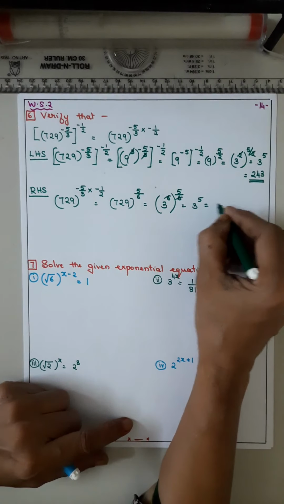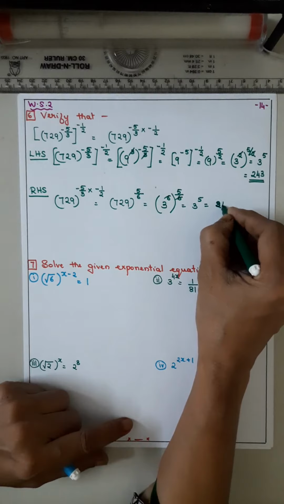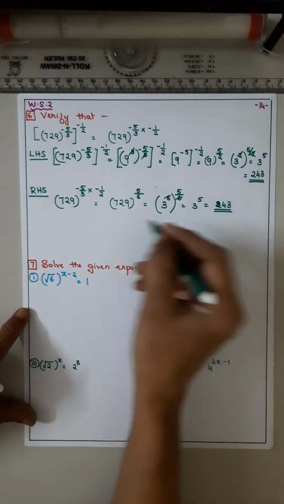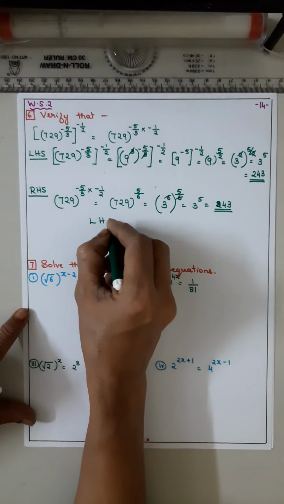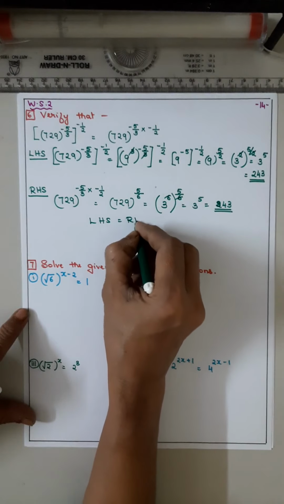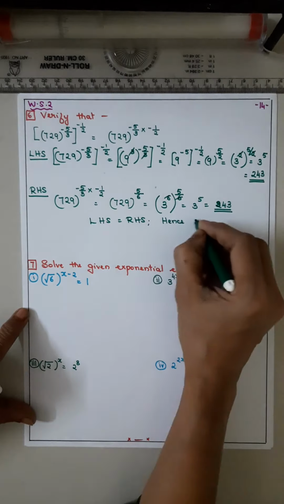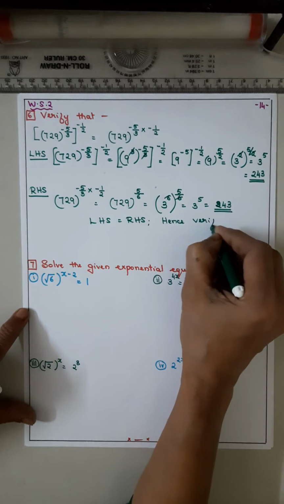Same answer came, that is 3 to the power 5, 243. That means LHS is equal to RHS. Hence, verified.